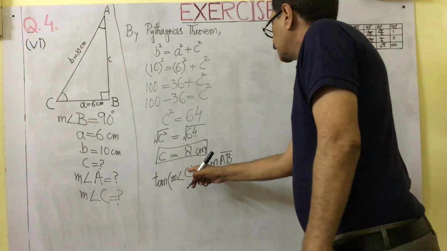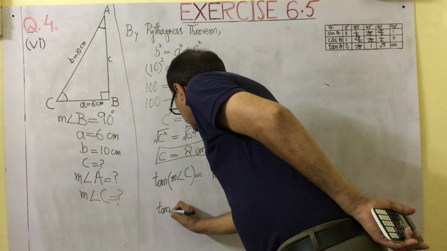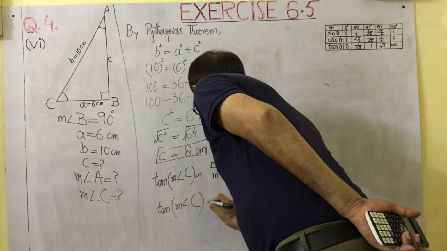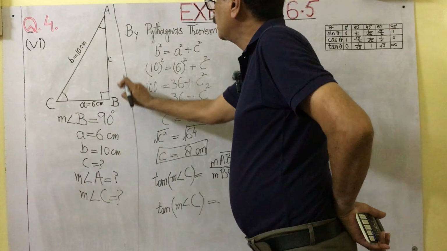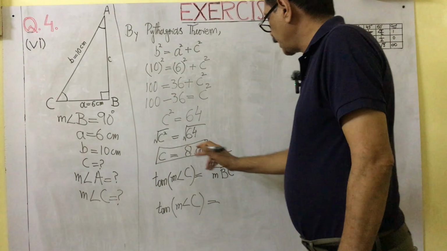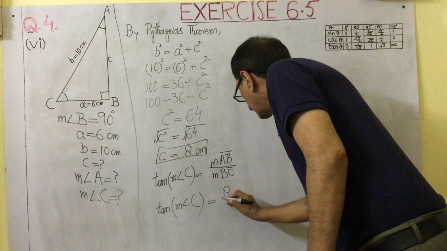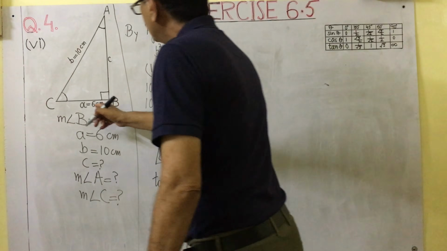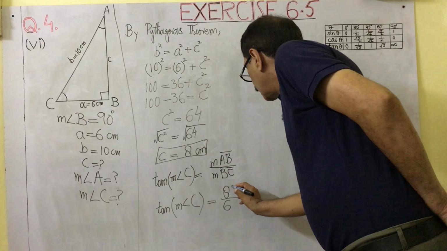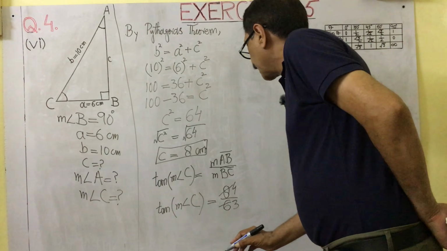Putting the values, tangent of angle C is equal to AB, which is C, 8, over BC, which is A, 6. 2 fours are 8, 2 threes are 6.